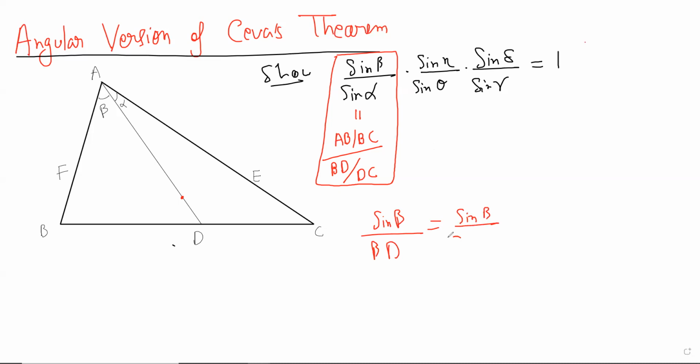Yeah, so this is beta. And then if you take triangle CAD, you'll get sine alpha by CD equals sine of angle ACB, the whole angle C, by AD, and then you divide both of them, you'll get the answer.